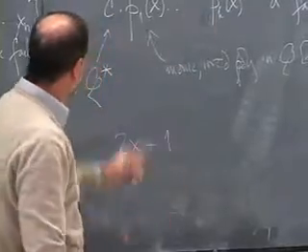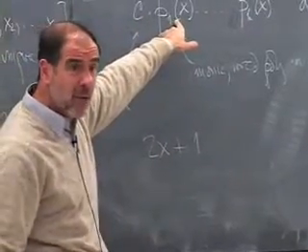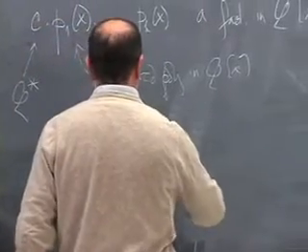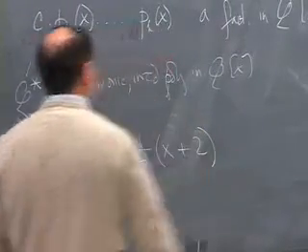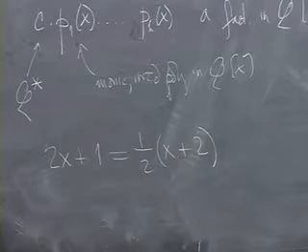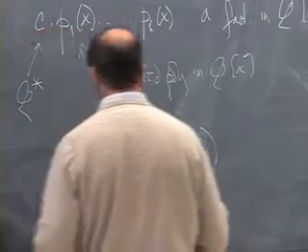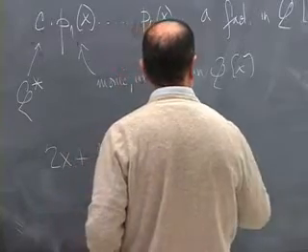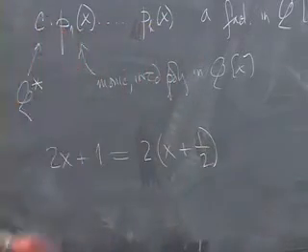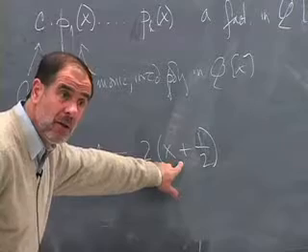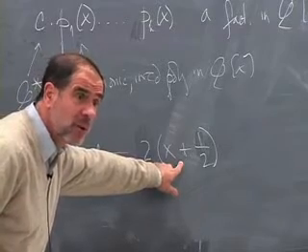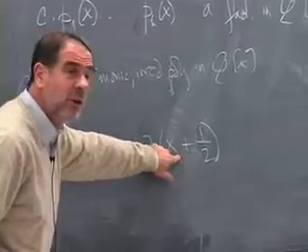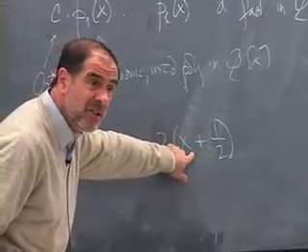And I wanted to write it in this unique factored form, I would write it as 2 times x plus 1/2. Excellent. Because here I have to have a monic polynomial. Now that's irreducible because it has degree 1. Here would be my c. That looks pretty good, but this isn't good at all. This isn't an element in Z of x.